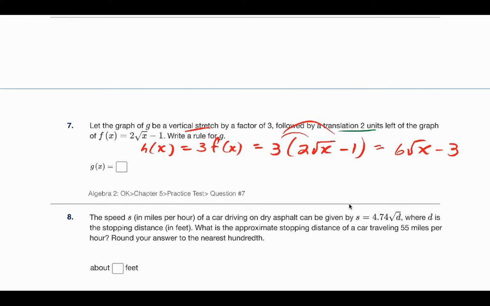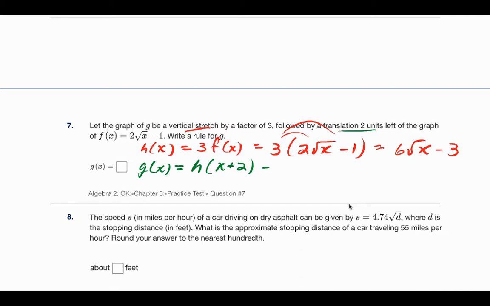Now our g of x is asking us to do 2 units to the left. So we're going to say g of x. And here, let me go back to that color I was using, green. So we can say that g of x is now going to be h. Remember, left to right means I'm going to attach it to the x. So my x that I have, I'm going to attach a 2 to it. All right?